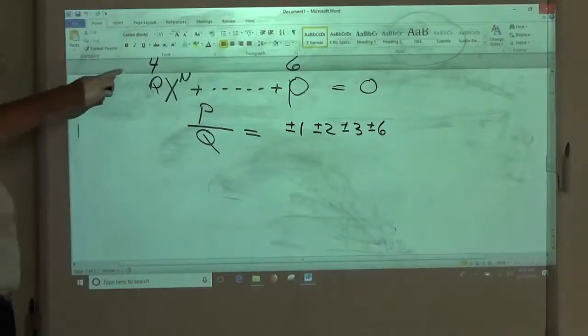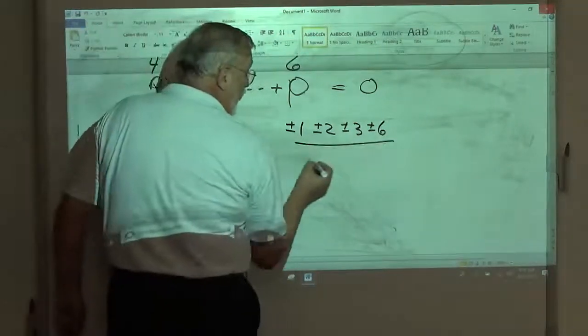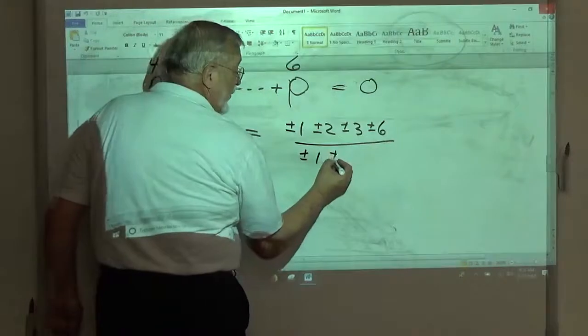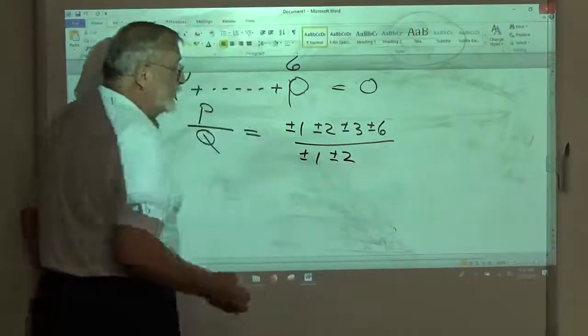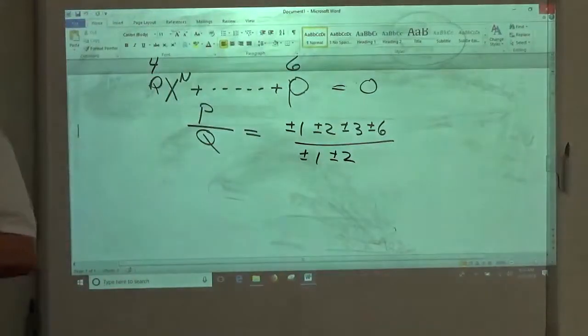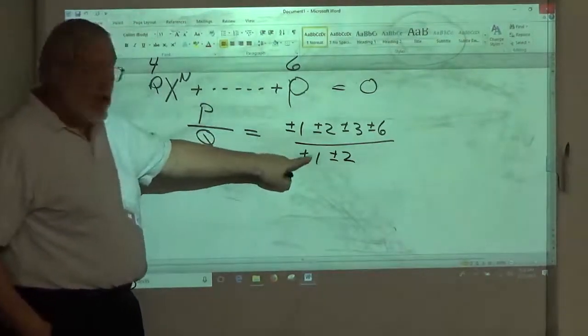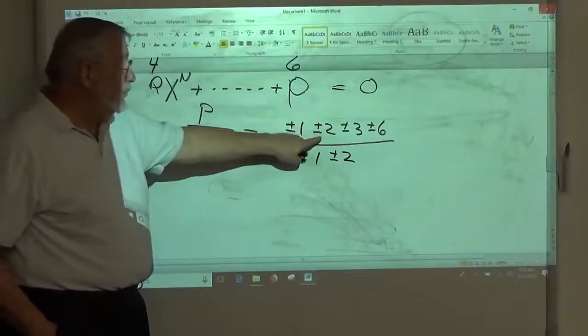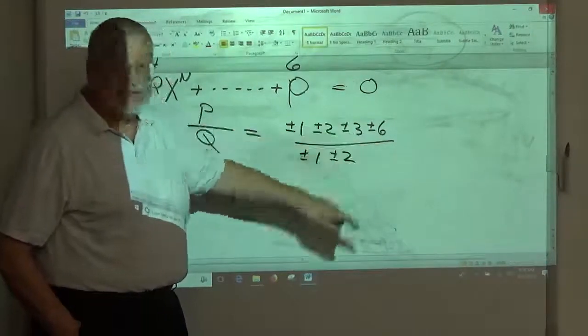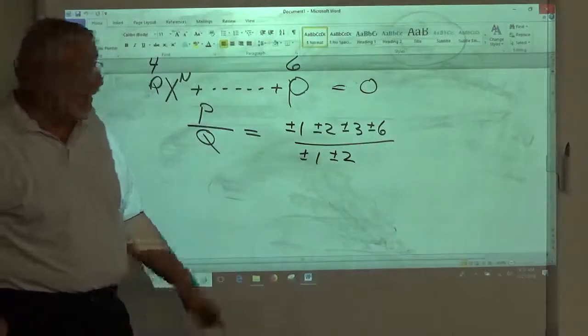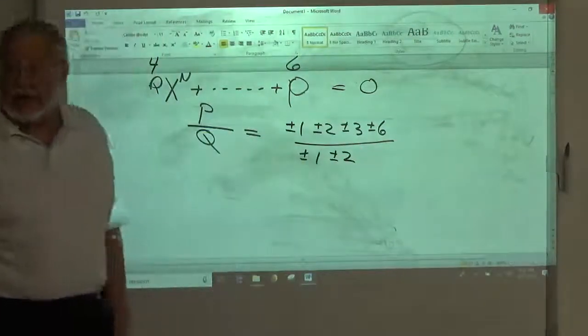And the factors of 4 are plus or minus 1, plus or minus 2. So what are the possibilities for whole number values of x, or rational values? You could have over 1, you could have plus or minus 1, plus or minus 2, plus or minus 3, plus or minus 6. That's 2, 4, 6, 8 possibilities.